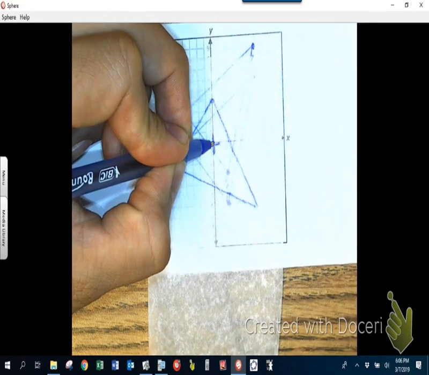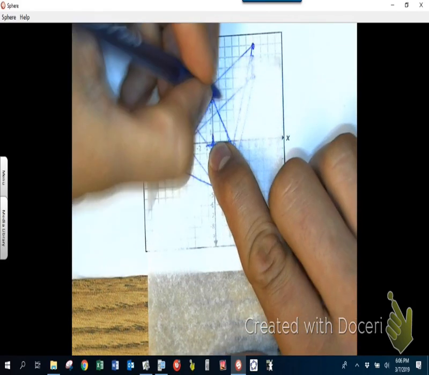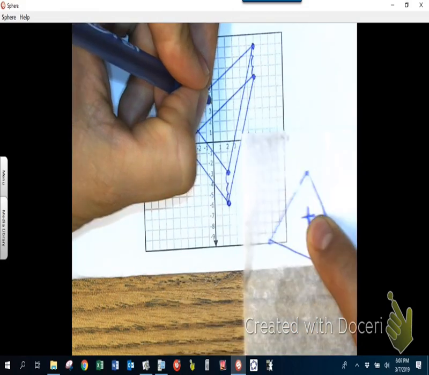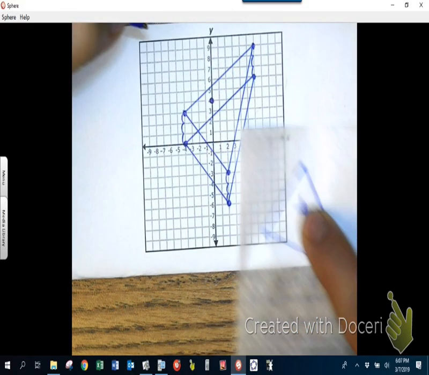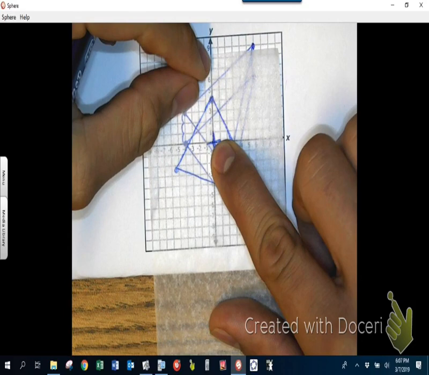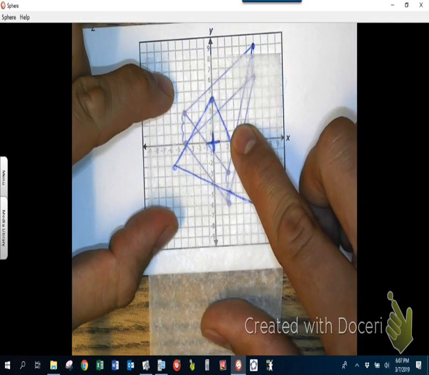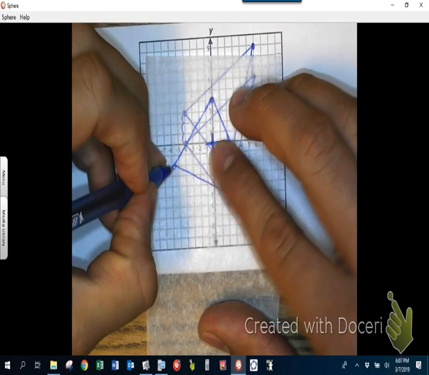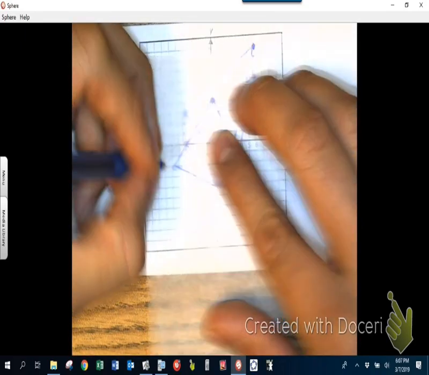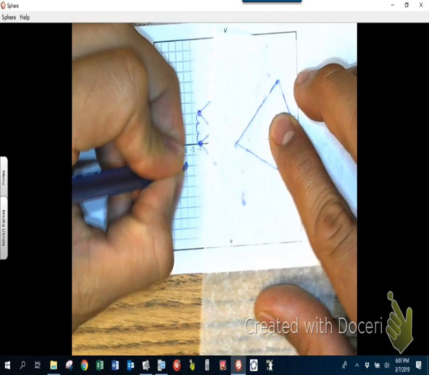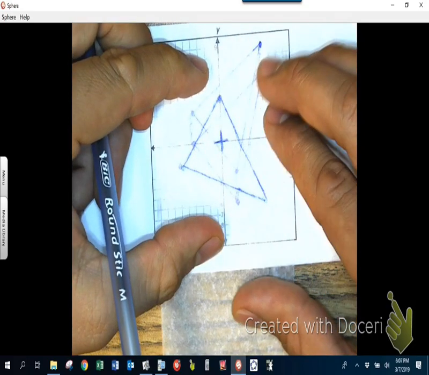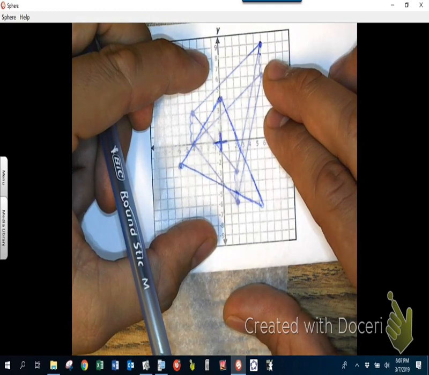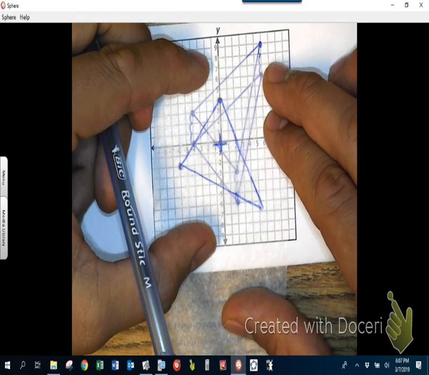I stop. So one of my answers is going to be right here, and that's at 0, 4. So I'm going to mark 0, 4. Okay, line it back up. My other answer is going to be at, looks like, -6, -2 over here. And then my final spot is at, wait, looks like I copied this a little bit wrong.